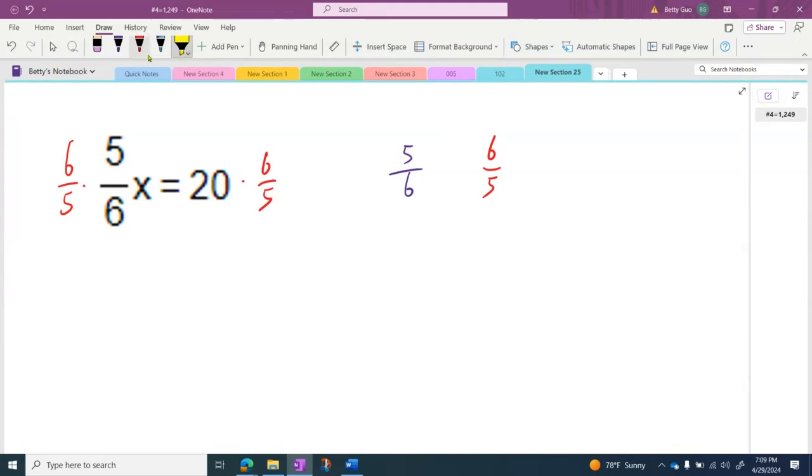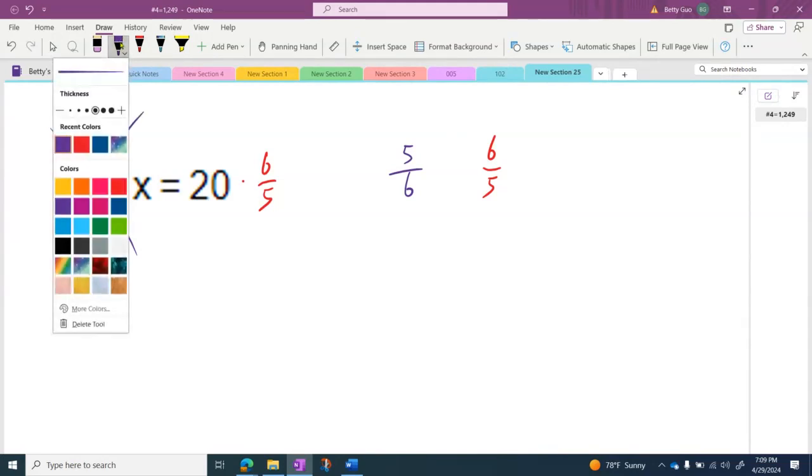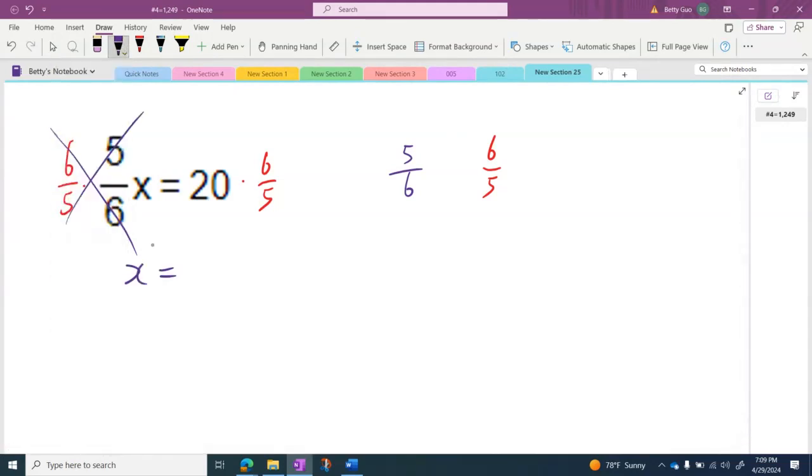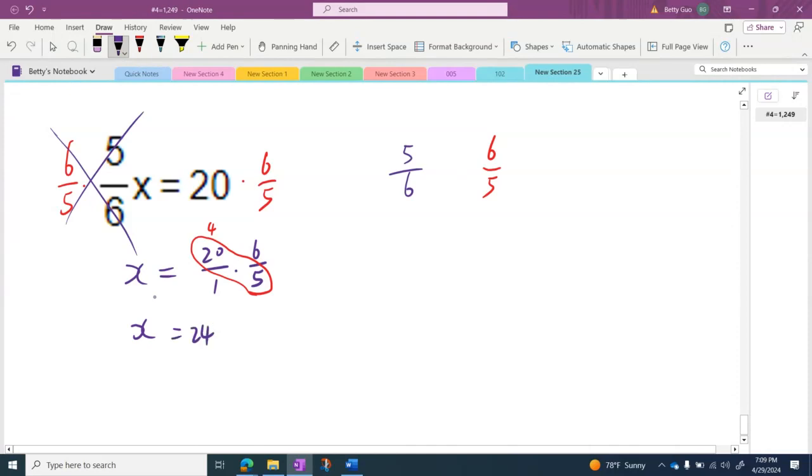And as you can see here, 6 cancels 6, 5 cancels 5. We have x by itself on the left side. And on the right side, we have 20/1 times 6/5. And butterfly, 20/5 is 4, right? 20 divided by 5 is 4. So we have 4 here. 4 times 6, 24. X equals 24.